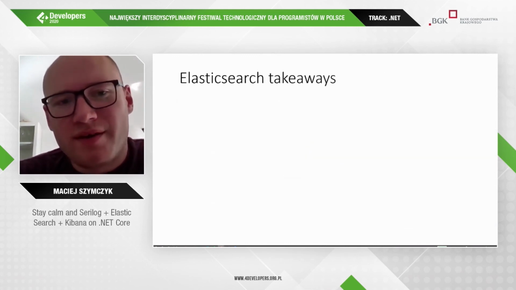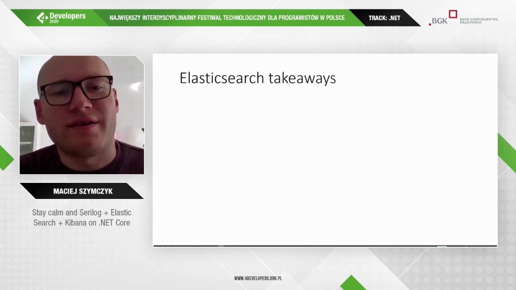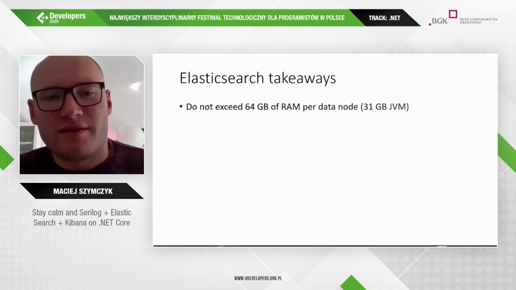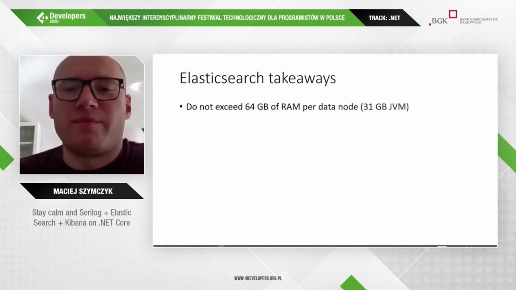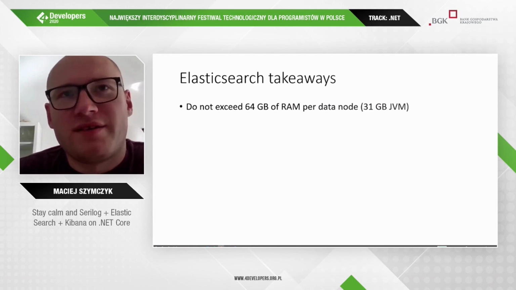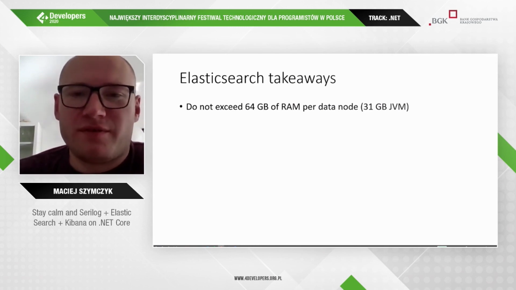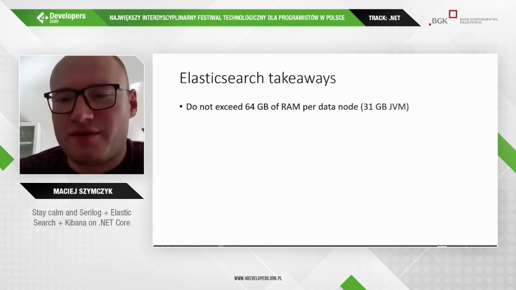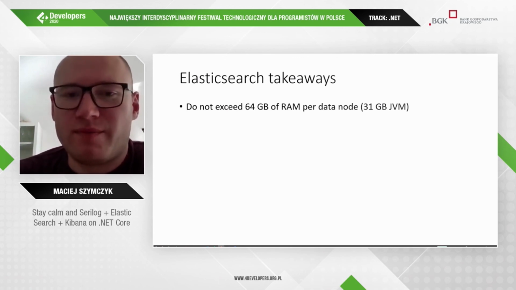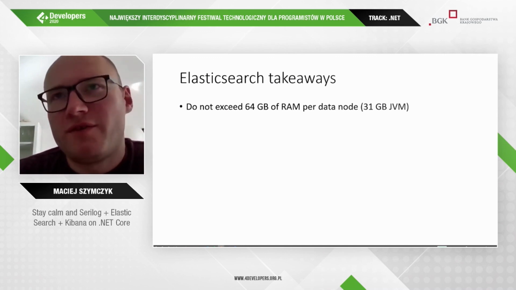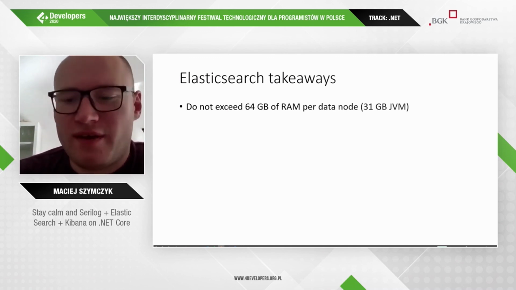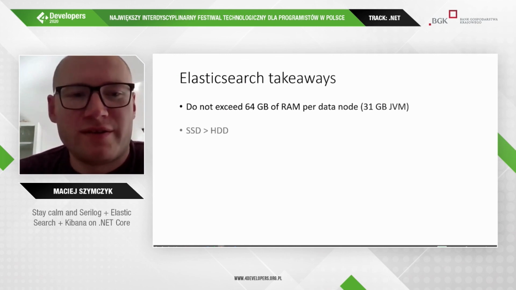So here are the main takeaways regarding Elasticsearch. Do not exceed 64 gigs of RAM per node. Because Elasticsearch is written in Java, and the JVM has some problems if the JVM heap is bigger than 32 gigs. So it is recommended not to exceed 32 gigs and put, for God's sake, 31 gigs.